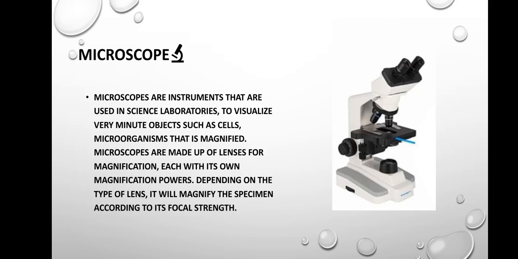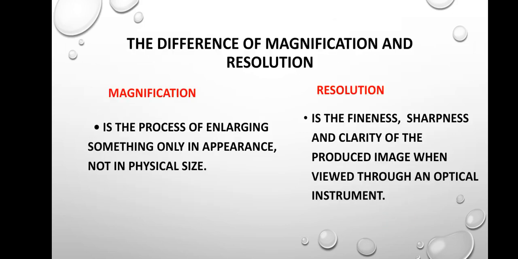But before we move on to the different parts of microscope, there is one thing we need to understand first. That is the difference between magnification and resolution. Magnification is the process of enlarging something in appearance, not in physical size.